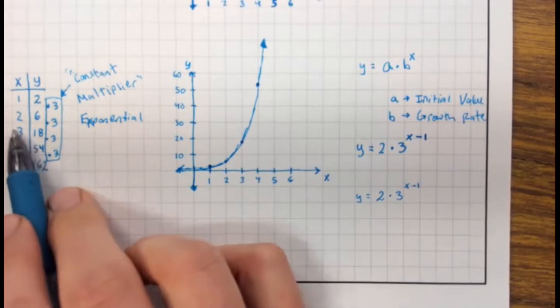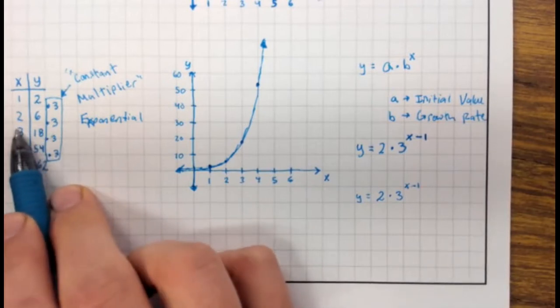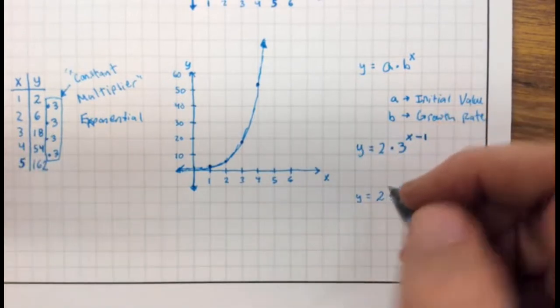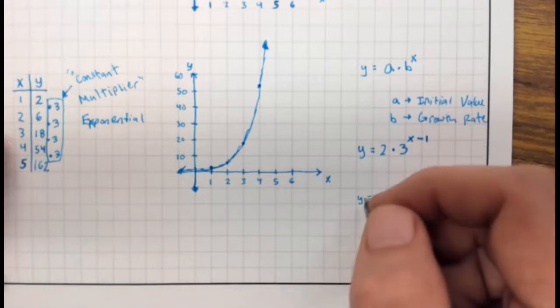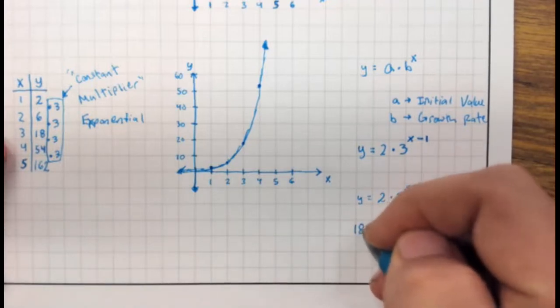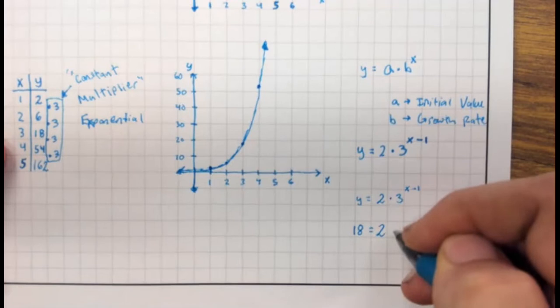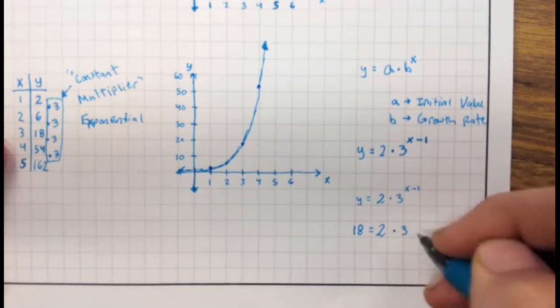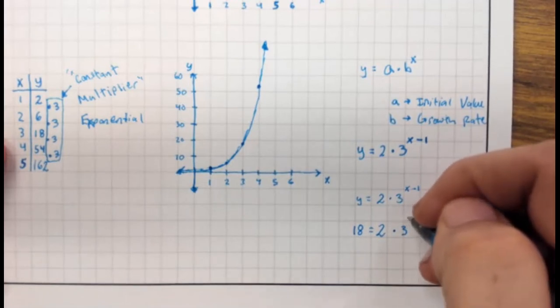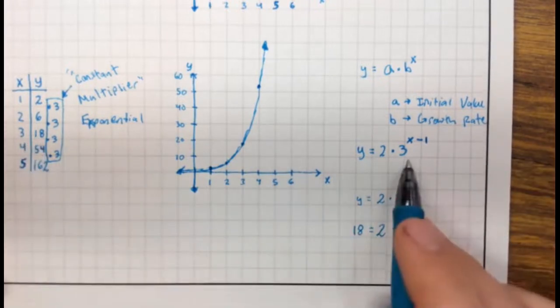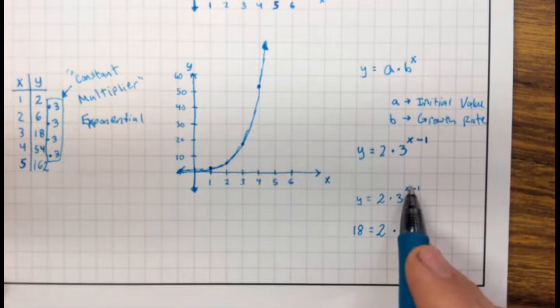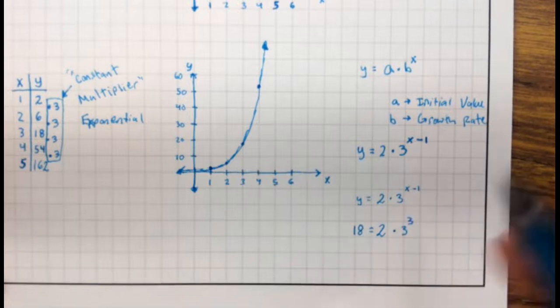So let's pick this point and make sure this works. We're going to plug in 3 for x and 18 for y, and make sure it actually equals out correctly. So y again was 18. 18 equals 2 times 3 to the power of 3 minus 1, right? That was our x value. If I plug in 3, I should be getting 18 out of it.